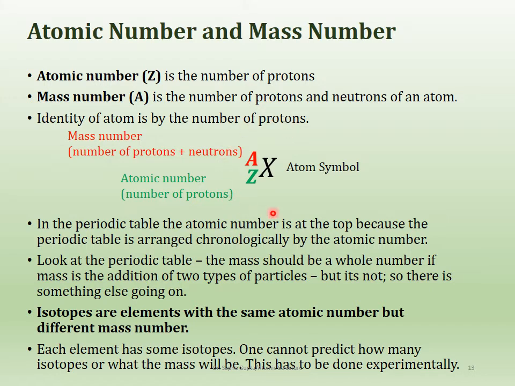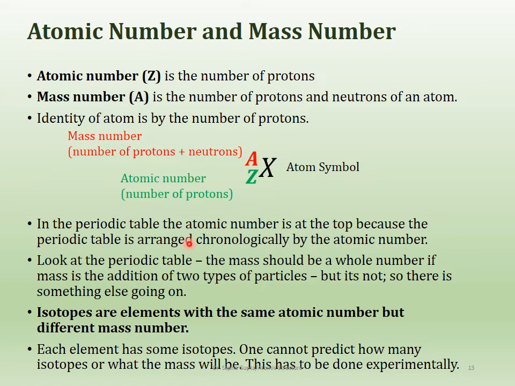The way we write the symbols for atoms is X for the atom. The mass number is A, which is written on the top, which is protons and neutrons, and the atomic number, which is Z, is the number of protons. That's written at the bottom.